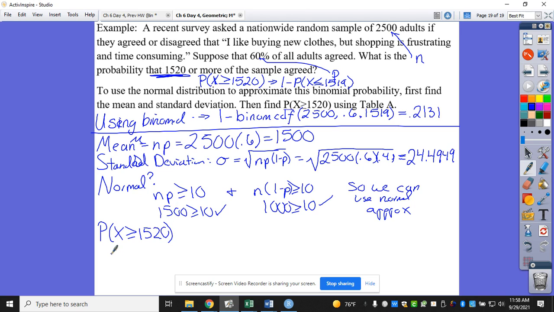I now convert that to a z. Tell me what numbers to plug in. 1520 minus my mean of what? 1,500 divided by 24.4949, which gives you a z value of 0.82.